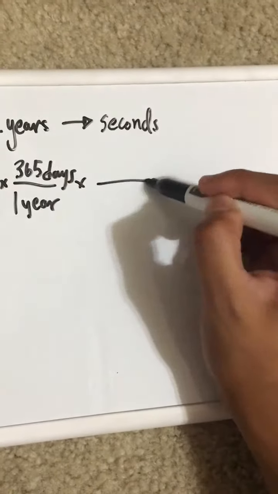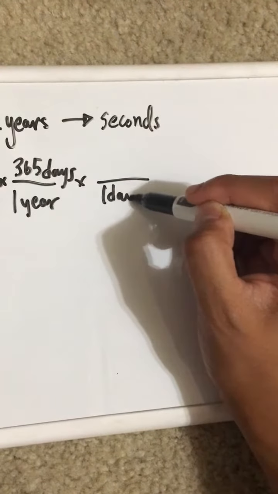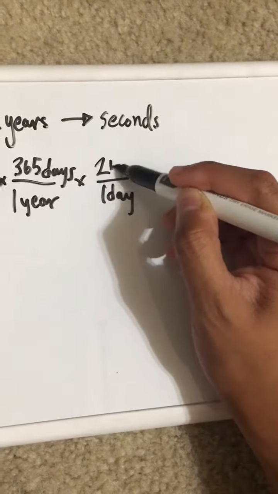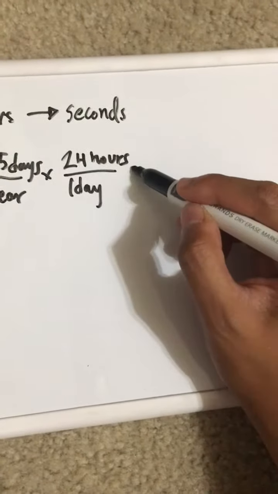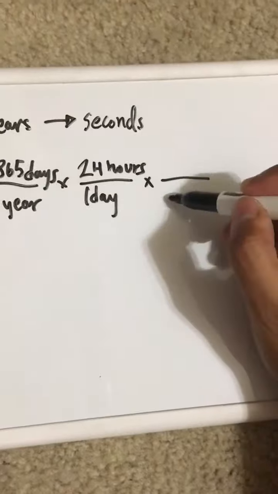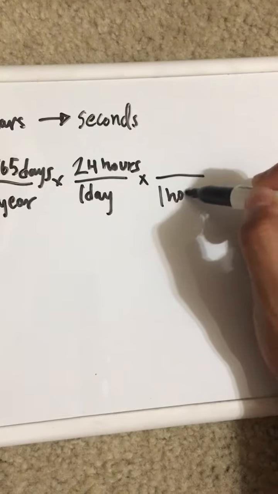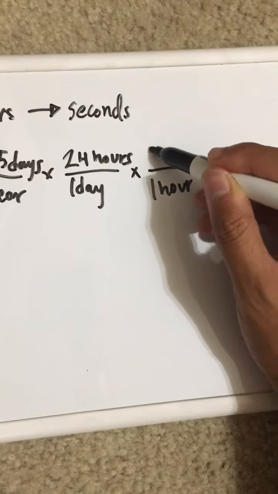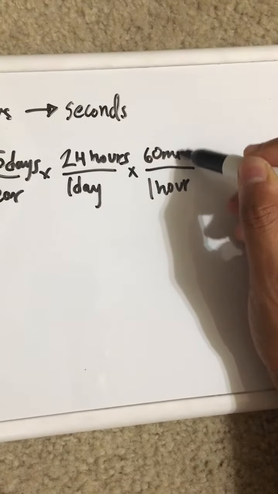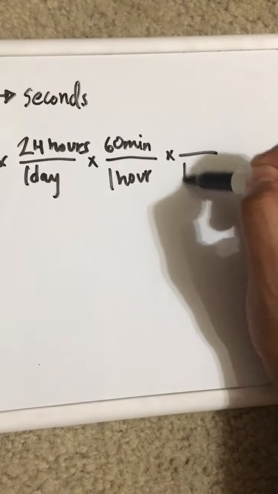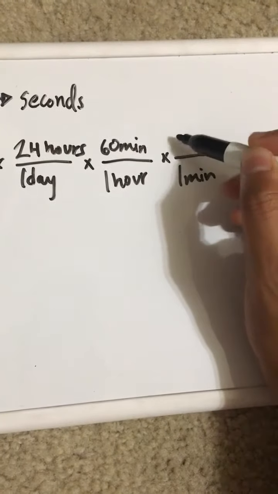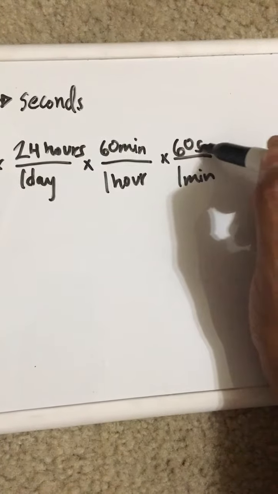We know that in 1 day there are 24 hours. We know that in 1 hour there are 60 minutes. And in 1 minute there are 60 seconds.